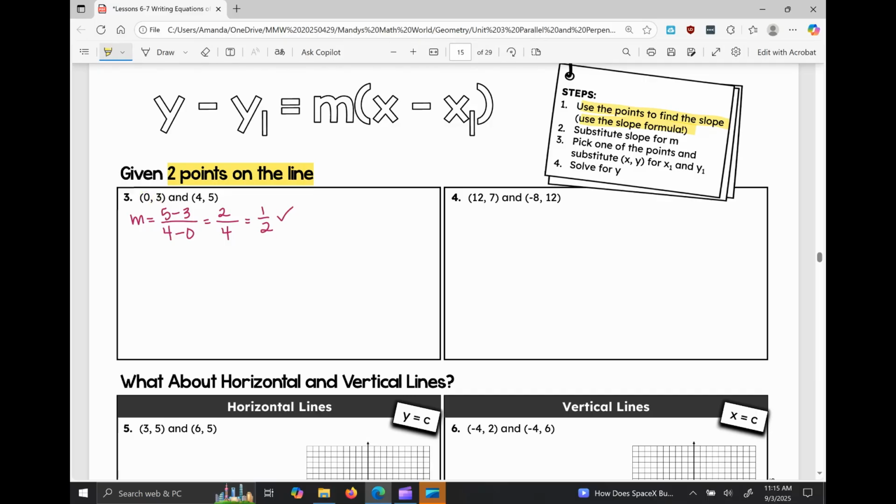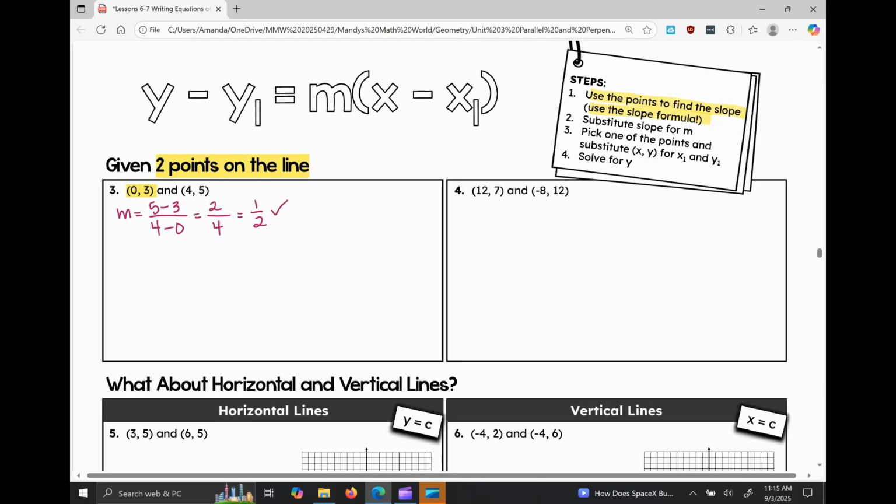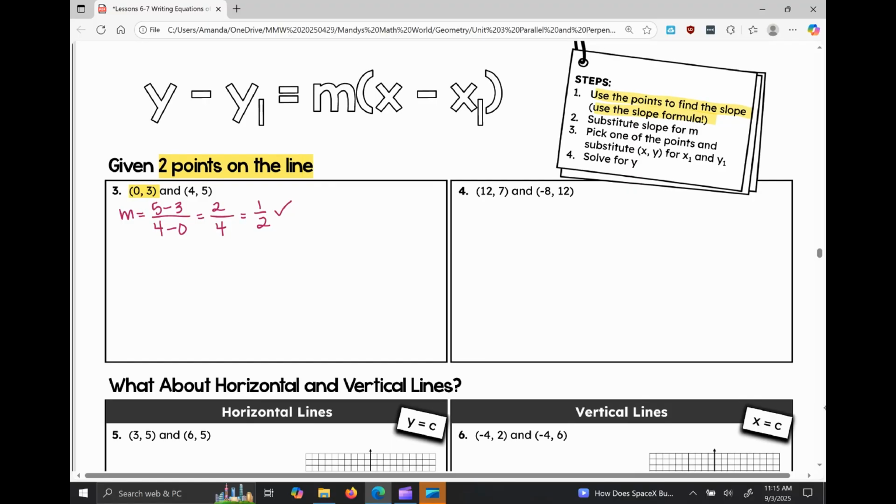I'm going to go with 0, 3. Why do you think I'm going with this one? Because it's got a 0 in it and a 3. Smaller numbers, easier to work with, right? So I'm going to use that ordered pair right here. And then here's my slope. y minus y1 equals m times x minus x1.